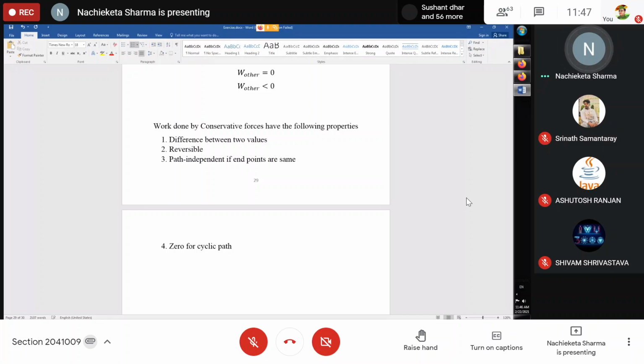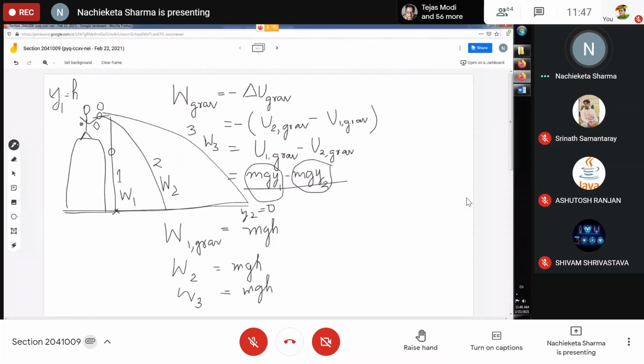That is important. You see, the starting point and the ending point are the same in all these three cases. That's why you are getting the same conclusion. So if the endpoints are the same, then there exist infinite paths for which the work done will be the same. It is not going to change.